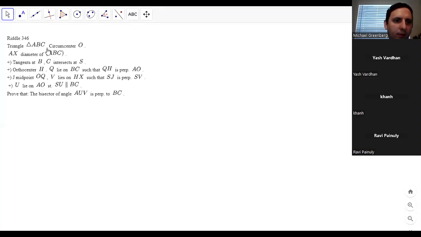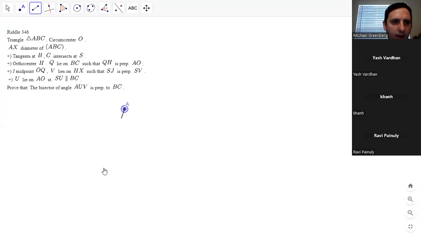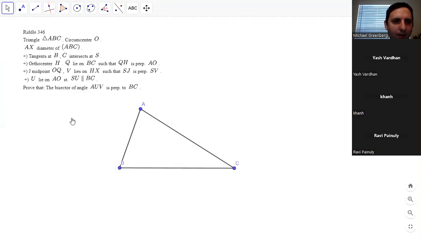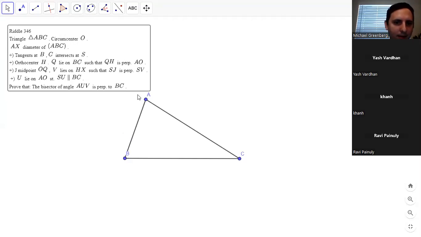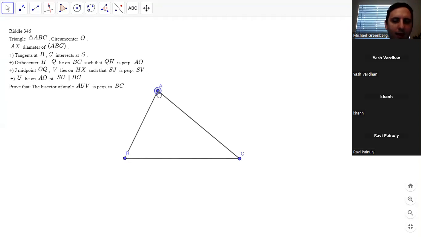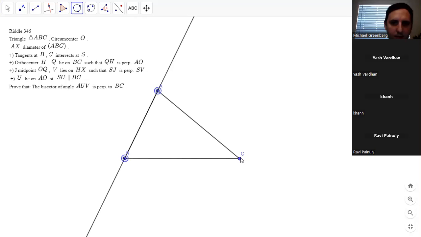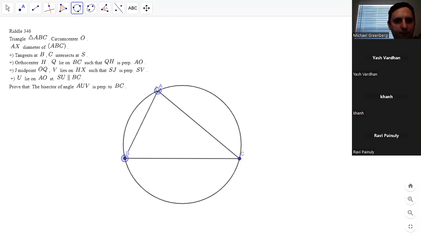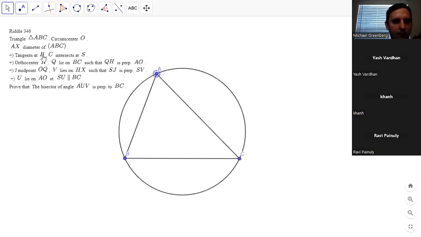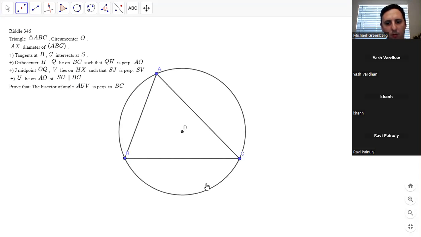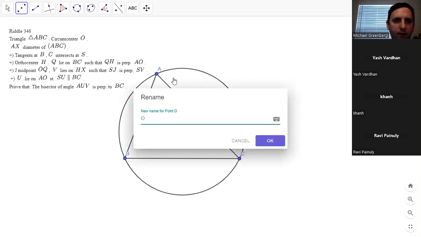So we have a triangle with circumcenter O, and AX is a diameter. And again, we have symmedians. So it doesn't say symmedian, but the tangents intersect at S. So this is O, AX is the diameter.